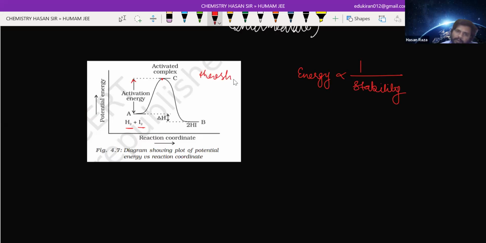We also call it threshold energy, ET. If they reach that, then the product can be easily produced. Please do draw this. I'm going to write some of the definitions like threshold energy and all.